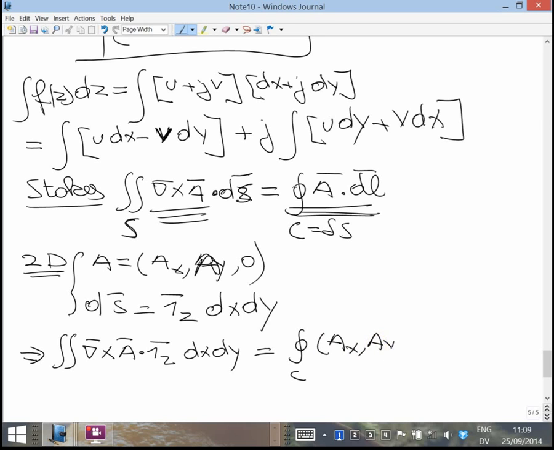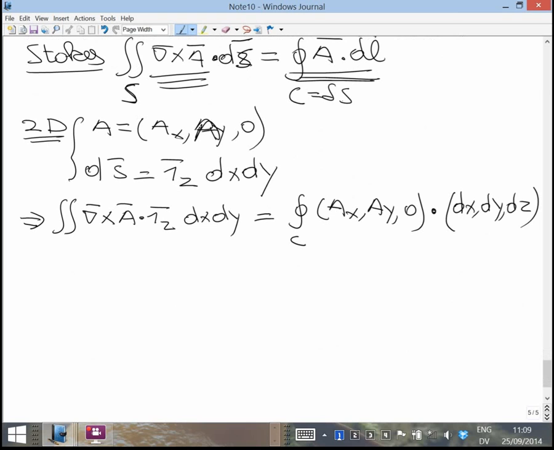So we have ax, ay, 0 times the dl, but the dl will just be dx, dy, dz, right? Okay, simplifying this a bit, starting with the right hand side here, we have our contour integral of ax dx plus ay dy. That's the right hand side that now becomes the left hand side.